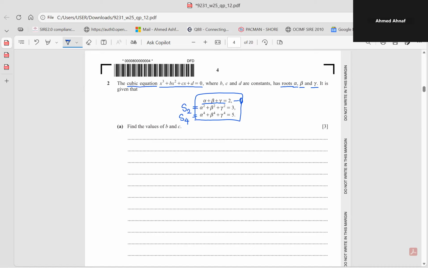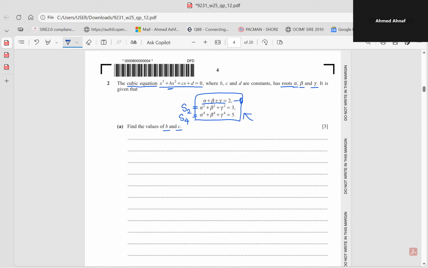Okay, so for the first part, we are told to find the values of B and C. Let's try to connect these equations to the coefficients B and C. For B, we can connect B to the sum of roots.